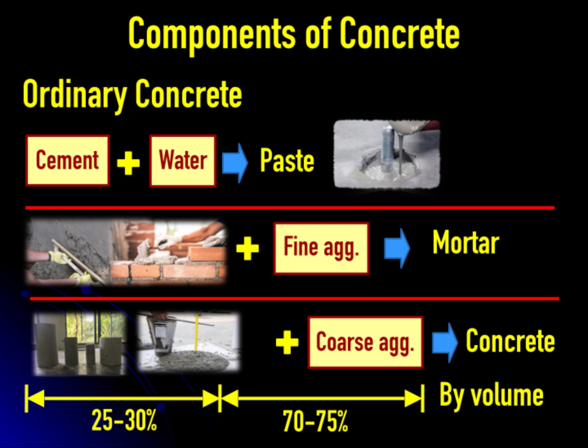In general, concrete consists of 25 to 30% cement paste and 70 to 75% aggregate by volume. Therefore, the quality of concrete greatly depends on the quality of sand and rock used as aggregates.